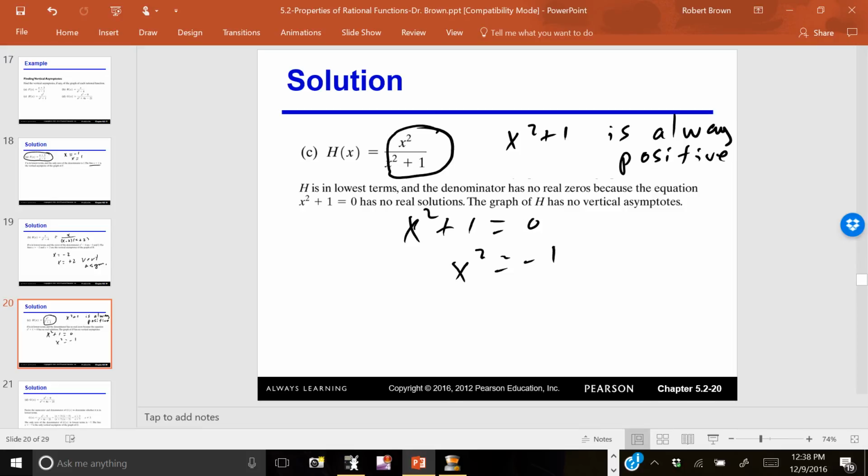Notice that has no real solutions. We will learn later on that x equal i and x equal minus i, these are imaginary numbers, are zeros, but they're not real. So there are no vertical asymptotes.